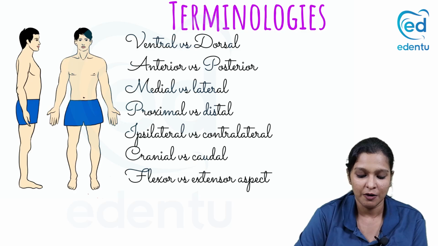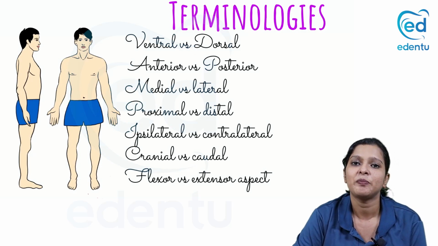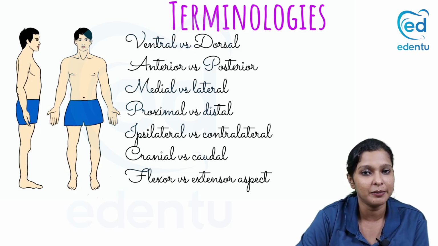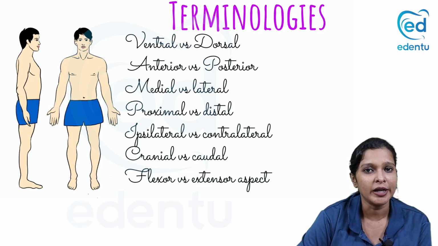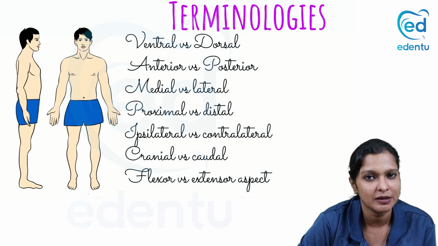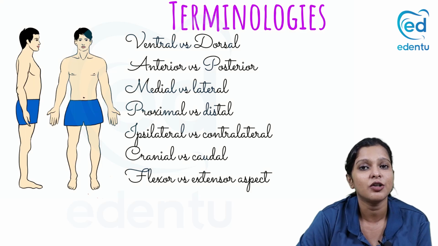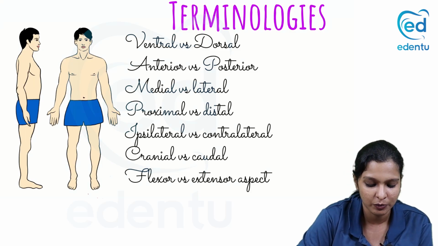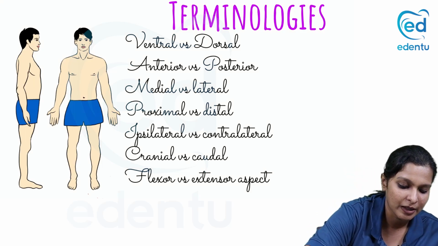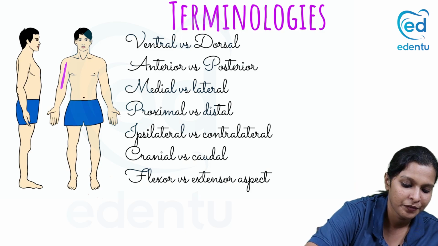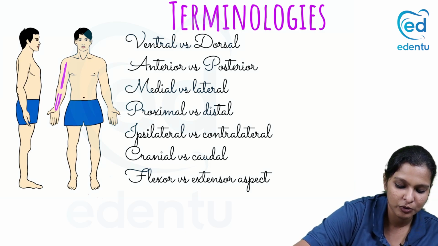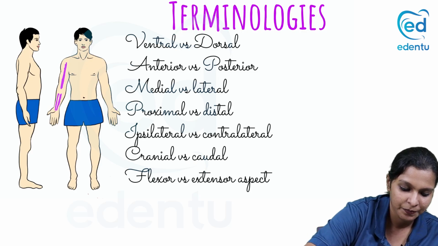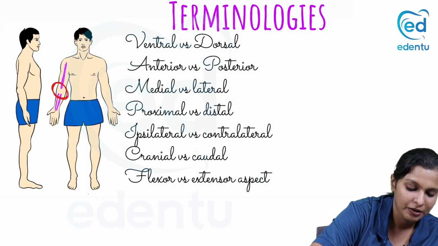Next one, flexor versus extensor. For this, you have to know what flexion means and what extension means. Now, what is a joint? A joint is a place in the human body where two bones join. For example, there are two bones here, and all these bones will meet at this junction, and that is called a joint.